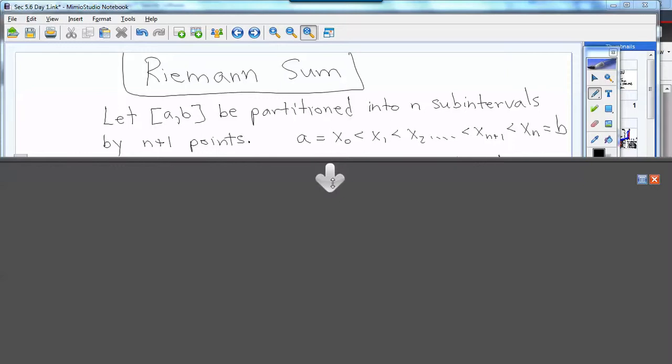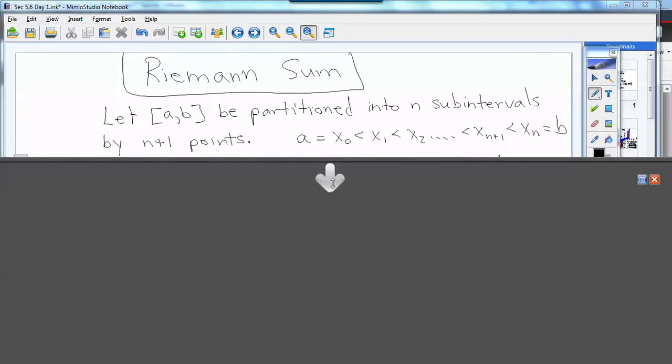Now this is going to be some fancy language, but you guys are in calculus, so you can handle it. Let the interval AB be partitioned into n subintervals. That's what we've been talking about, like the 4 subintervals. We have the total interval from A to B, and we partition it, subdivide it, into n subintervals by n plus 1 points.